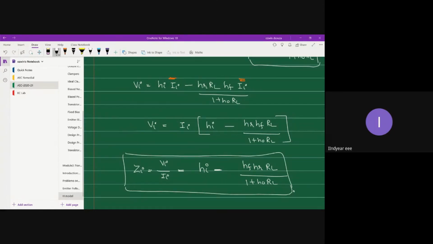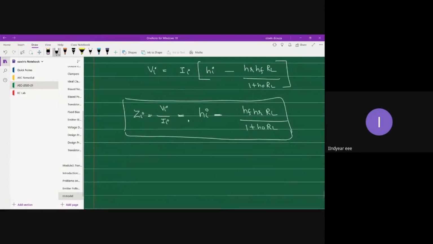If you observe carefully, Zi is basically Hi minus this term. So your exact analysis will introduce the h-parameters into your ideal equation. What I'm trying to tell you is that ideal Zi is Hi, but practical Zi is Hi minus this above term.